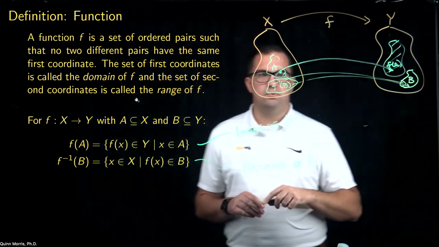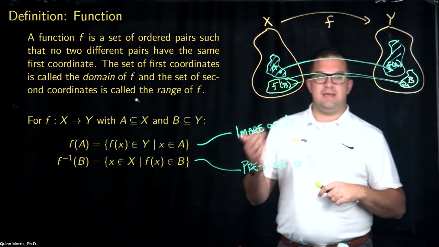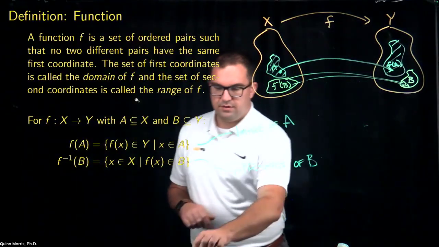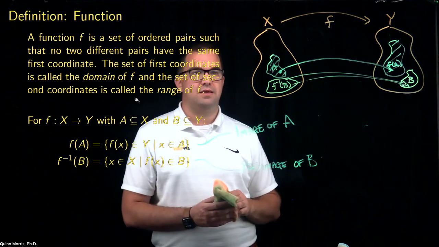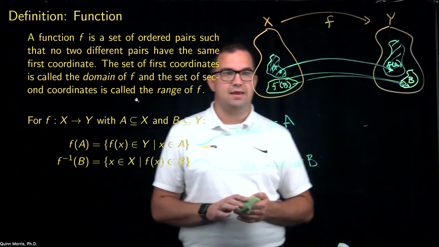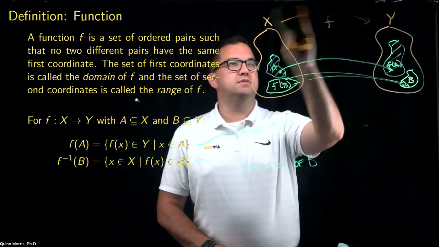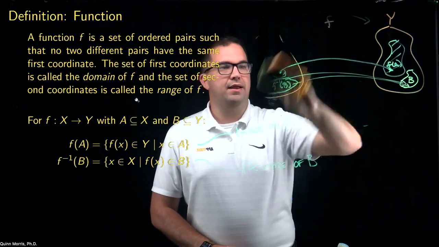Okay. So we can talk about the image or the pre-image of a particular set. Once we have a function, we can look at the image of some subset of the domain or the pre-image of some subset of the codomain.